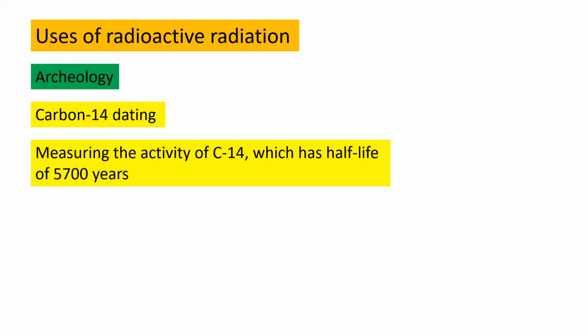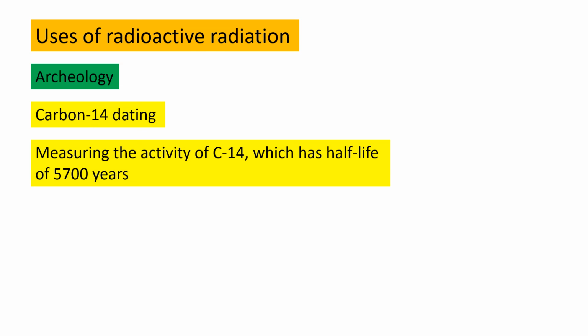Carbon-14 is actually around us. It is an isotope that's present in nature, but the percentage of it is quite low. Carbon-12 is like 96%, carbon-14 is about 1.2, and then the others are like carbon-13, right?